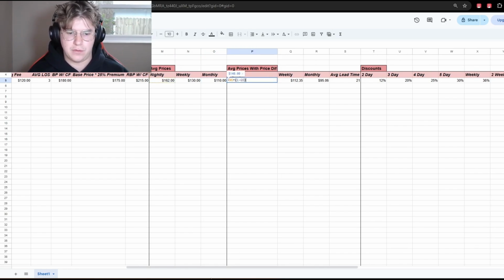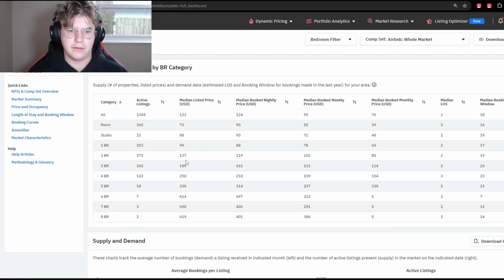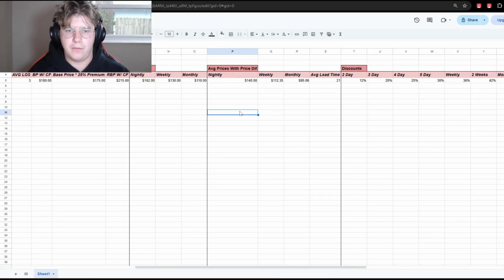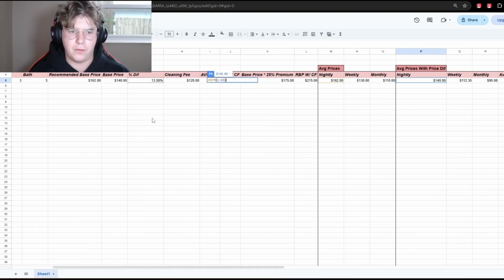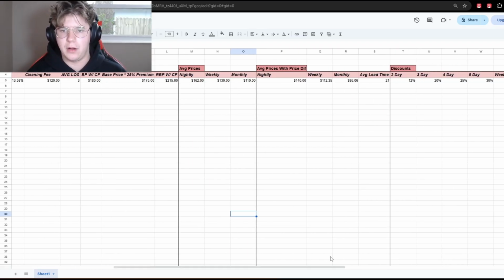This is the actual math: we're taking the recommended average price, which was this median number, 162, and multiplying it by 1 minus the difference here, which essentially means multiplying 162 by about 0.86, to reflect that price difference and what we'd expect people to be willing to pay for a property of this caliber, within our competition.